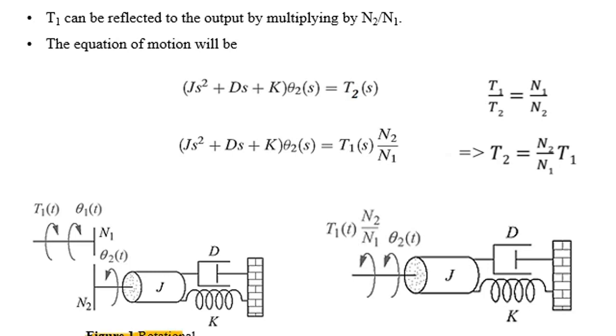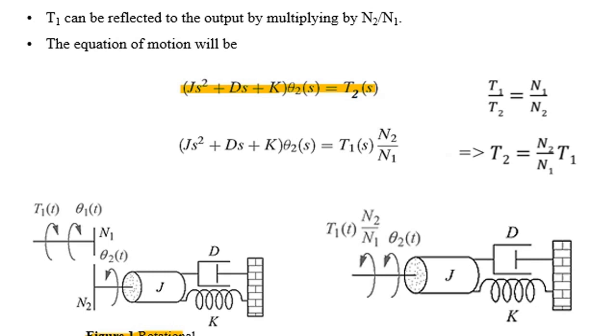If you look at figure 1, it represents the original rotational mechanical system driven by gears. For this reflection, we will start by writing an equation for the output part of the system, which is equal to Js squared plus Ds plus K multiplied by theta 2 of s, and will be equal to torque T2 of s.